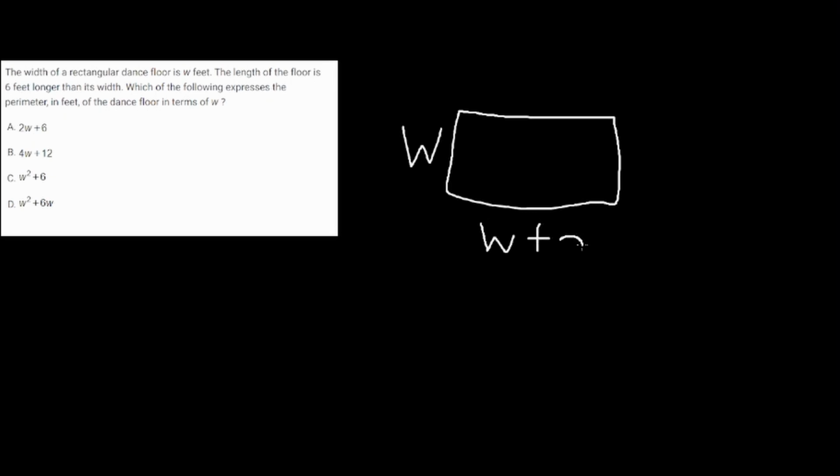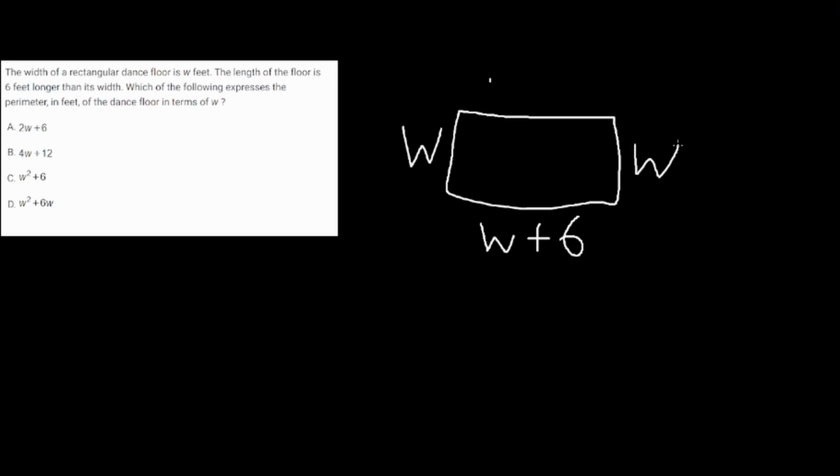Okay, for this question, it is saying the width of a rectangular dance floor is W feet. So let's draw this out. The width is W. Meanwhile, the length of the floor is 6 feet longer than its width. So that means that the length would equal W plus 6. Now it's asking what the perimeter in feet of the dance floor is in terms of W. So the perimeter, of course, is the length of all sides combined.